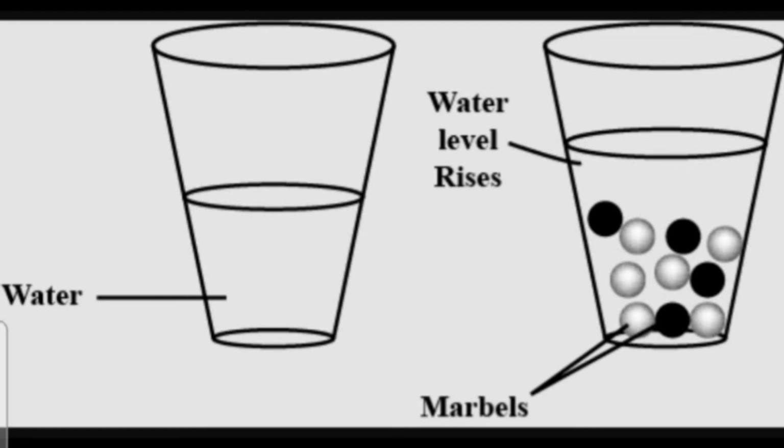In this picture you can see two glass tumblers. In the left one you can see some water, and obviously in the right one the same amount of water is present.